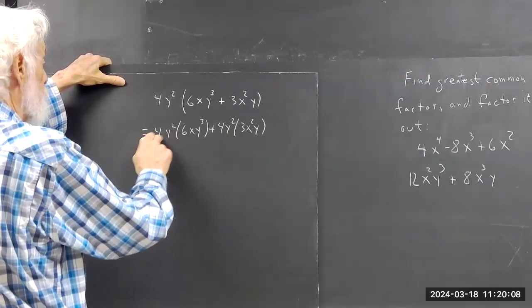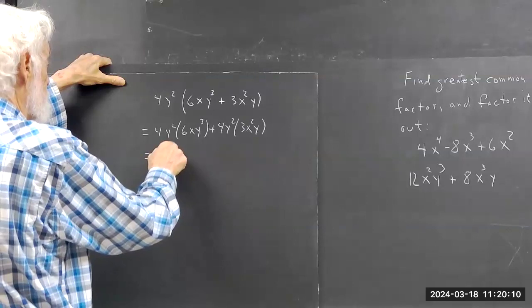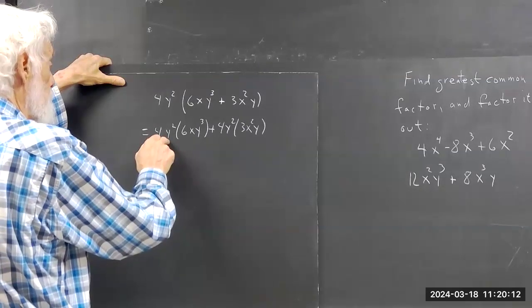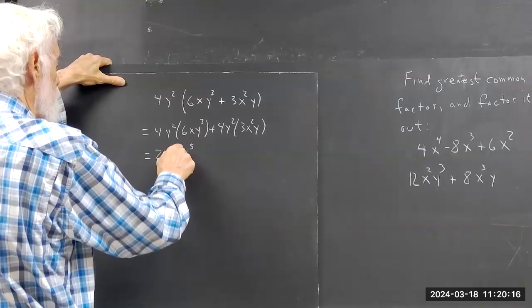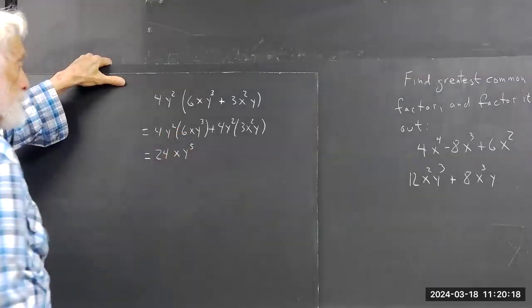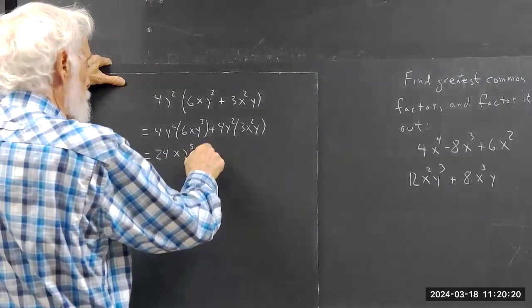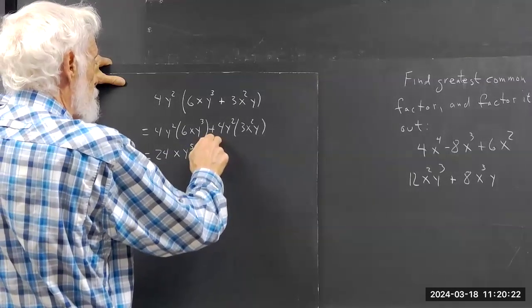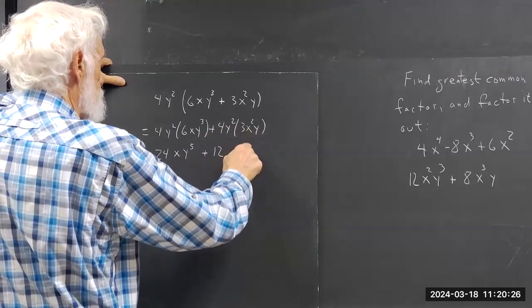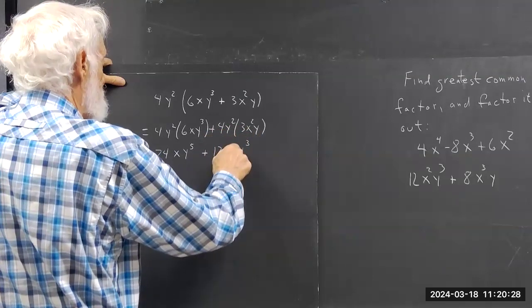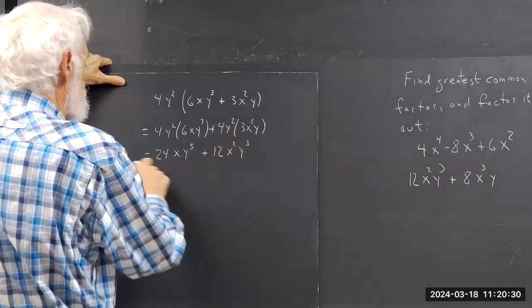Okay, well, then 4 times 6 is 24. Y squared times y cubed is y to the fifth. And you've still, of course, got your x. Then this will be plus 4 times 3 is 12. Y squared times y is y cubed. And we have an x squared.